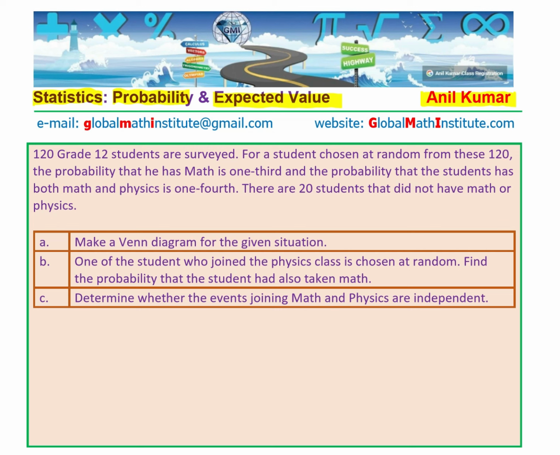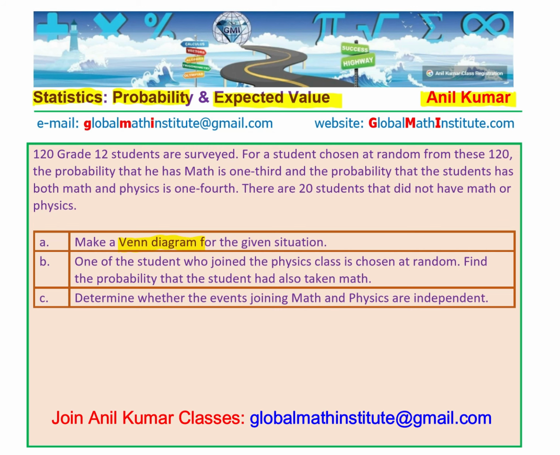First, you need to make a Venn diagram, and that should help you to answer the following questions. B: one of the students who joined the physics class is chosen at random. Find the probability that the student had also taken math. So we have a conditional probability question there.